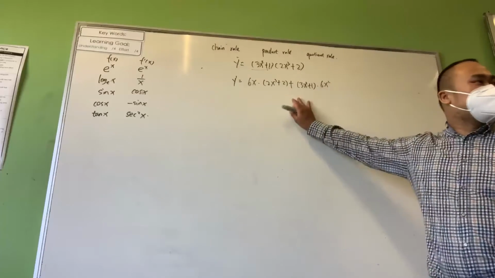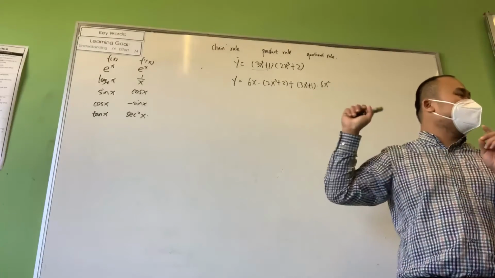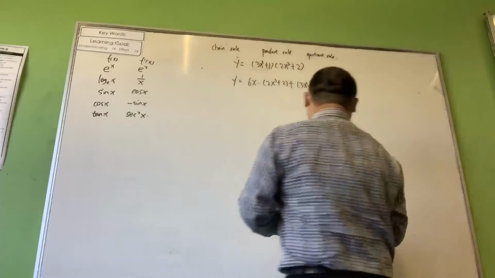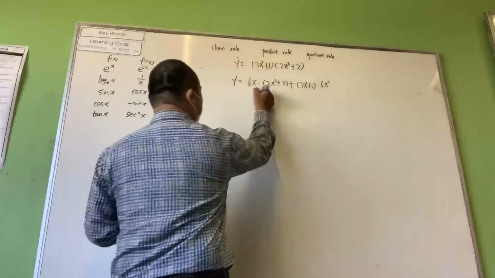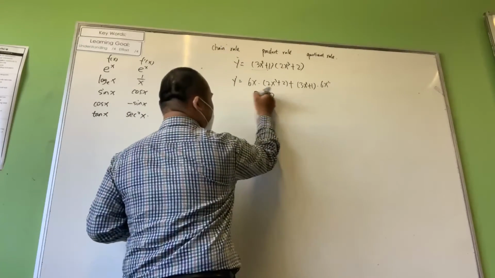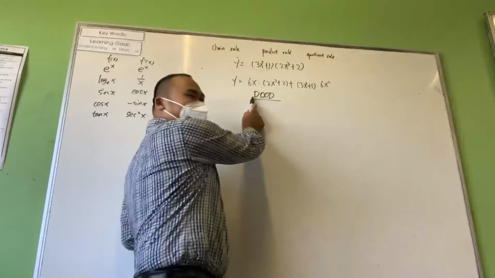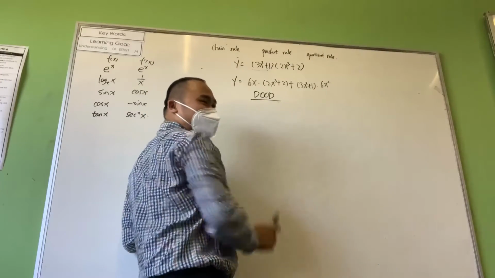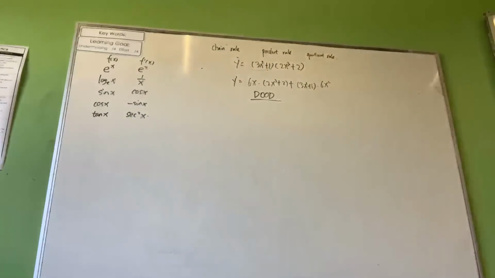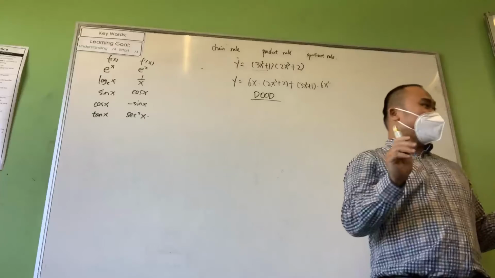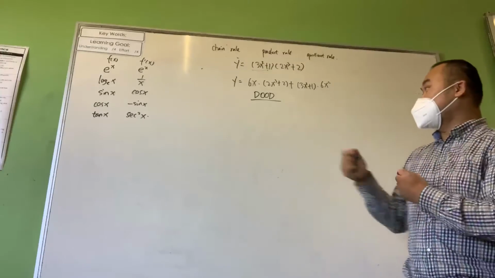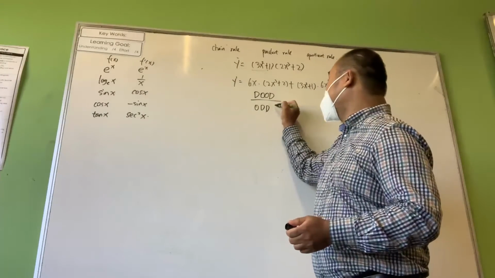All right, so that's the product rule. If you can't remember it, instead of memorizing the formula, you can just go D-O-O-D, dude. Derivative, original, original, derivative. It's much easier than the formula. And also, by the way, if you look at the formula, it actually goes O-D-D-O.